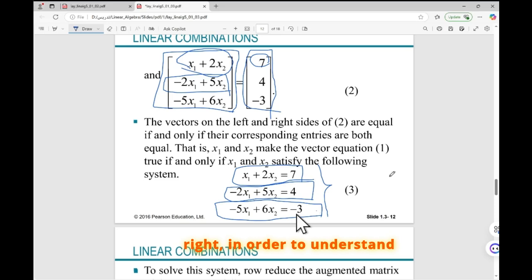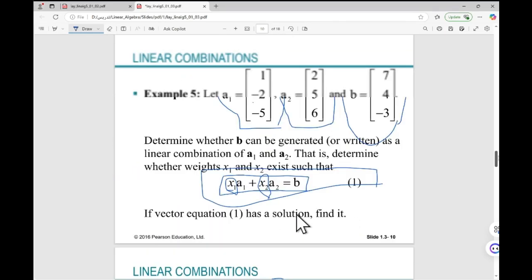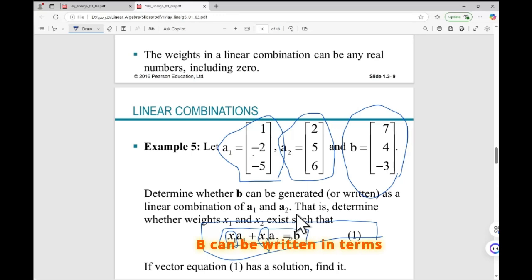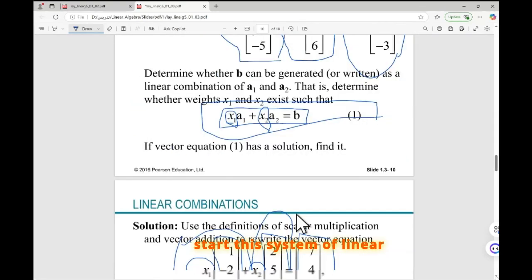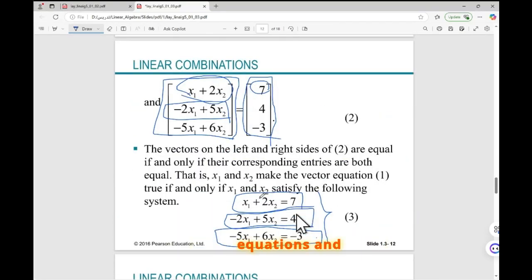In order to understand if b can be written in the form of a linear combination of a1 and a2, we should solve this system of linear equations and see if there exists at least one solution.